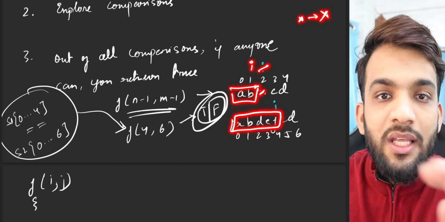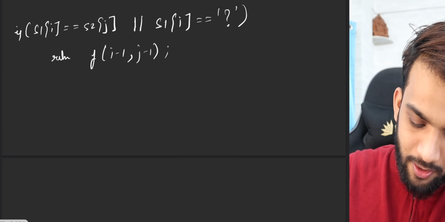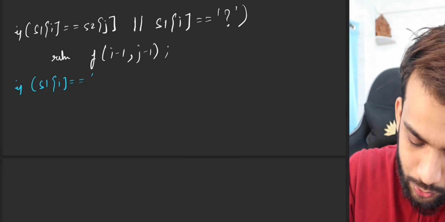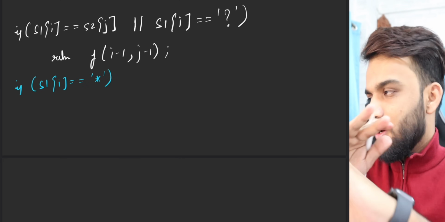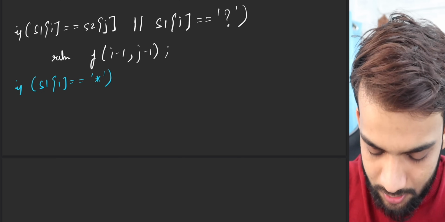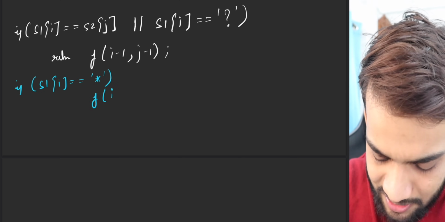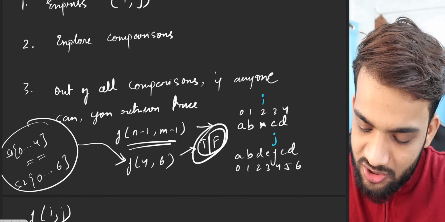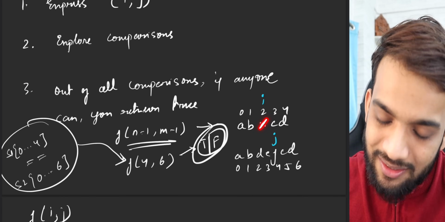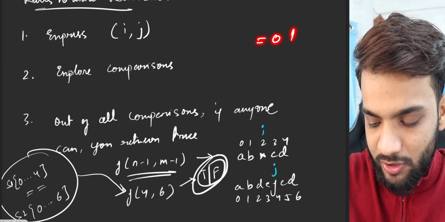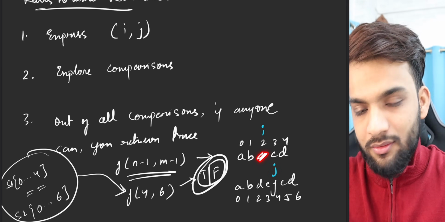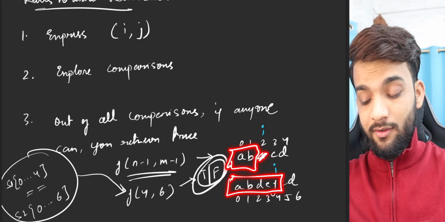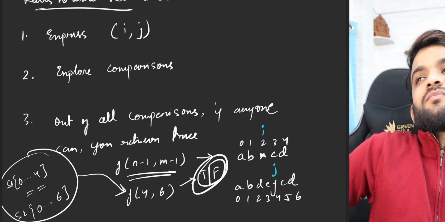So I'll say, if S of I is equal to star, let's assume it means nothing, which means I will go ahead and J will still be there because I said this star is equal to nothing, because 0 length was allowed. Thereby, this gets omitted and I am with AB and I am still matching with this. Perfect.